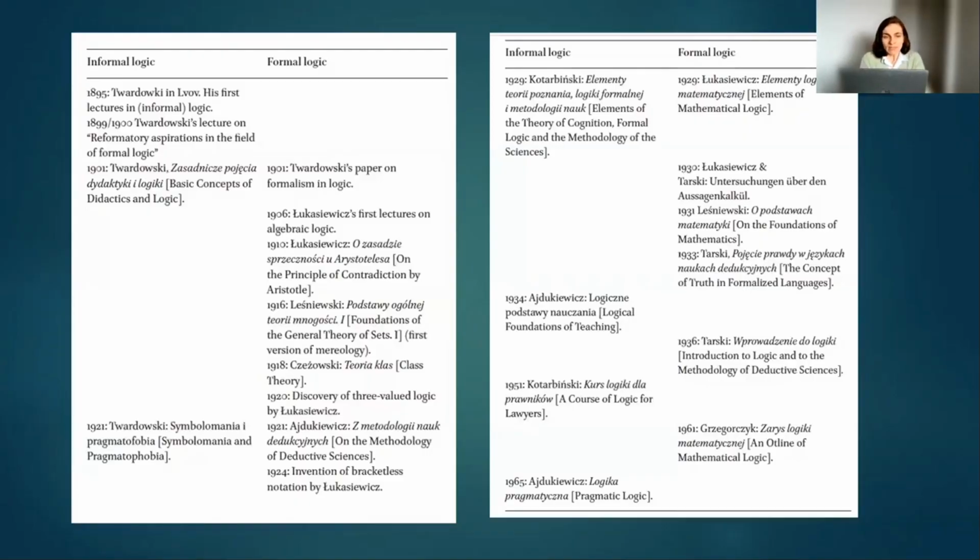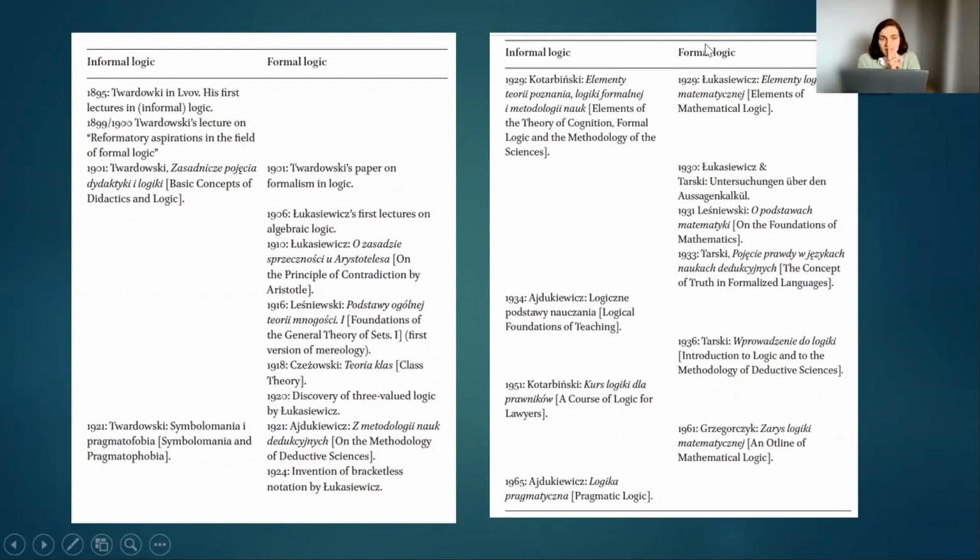Now, ending this part with distinctions, I would only like to show this table in which there are important dates of the development of logic in the Lwów-Warsaw School, with this division into informal and formal, and we may see that these phenomena developed simultaneously.